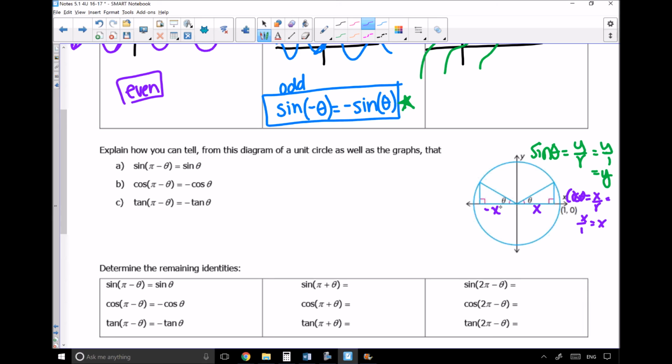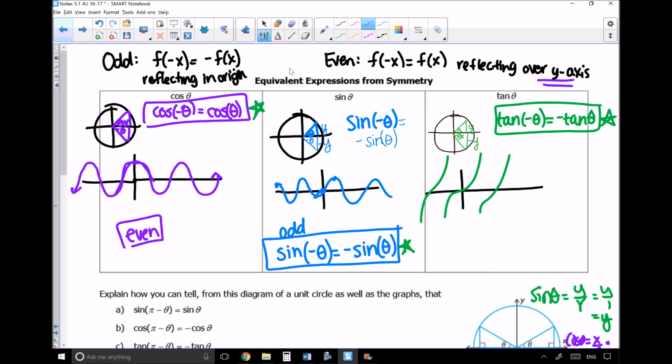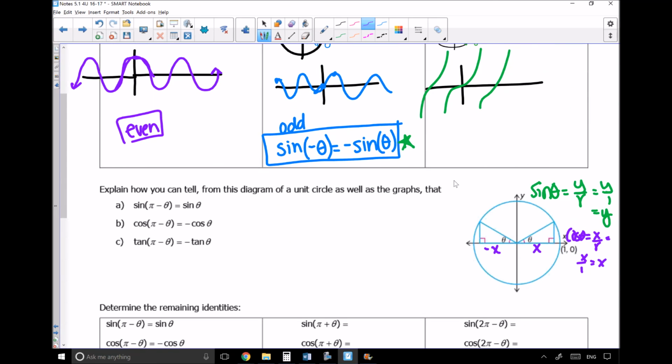So it's the same number, but they're negations of each other. So I can say that it's negative cosine of theta. And similarly, if tangent right here is y over x, then right here my tangent is going to be y over negative x. So tangent of pi minus theta would be negative tangent of theta.